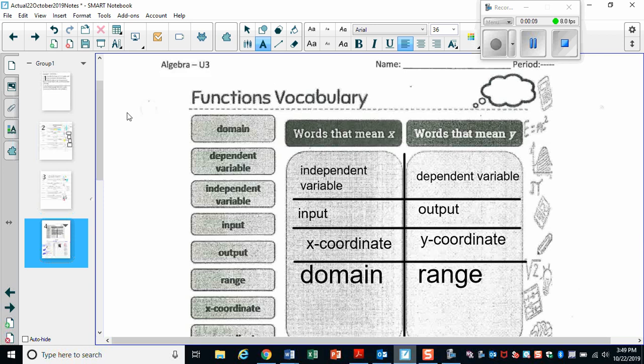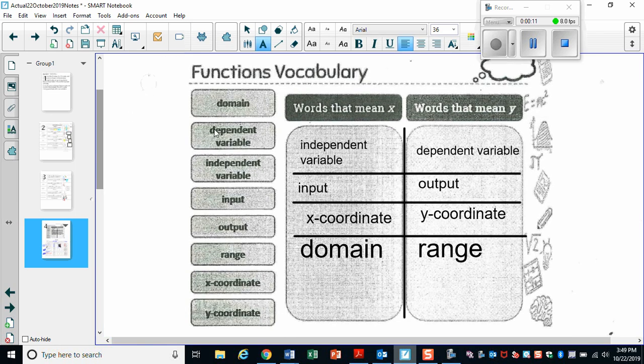We talked about vocabulary for functions, and there were words that represented the x variable and words that represented the y variable. For most of the x's, you see the word "in," like independent variable, input, domain.